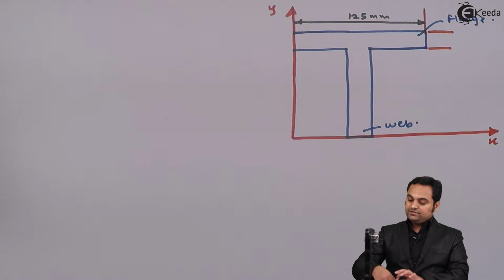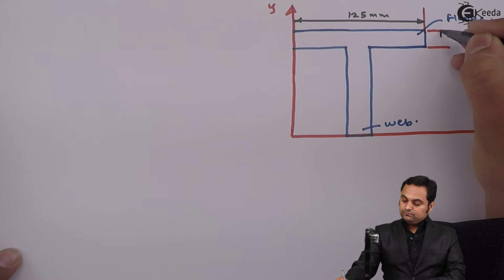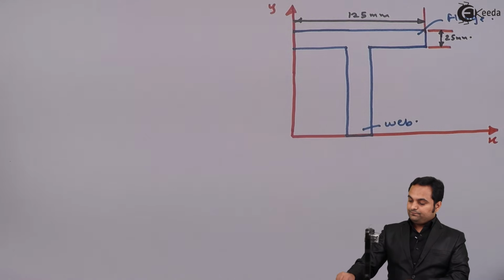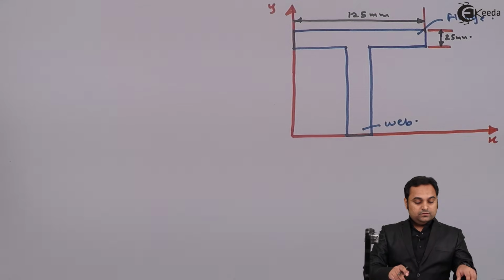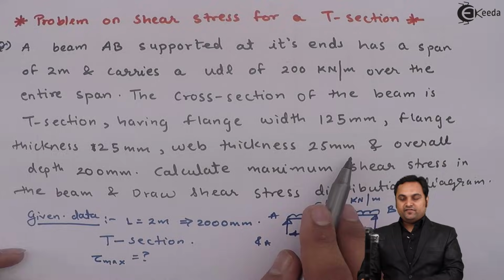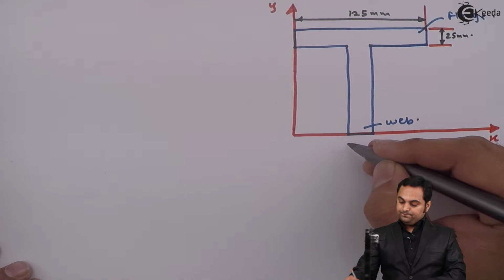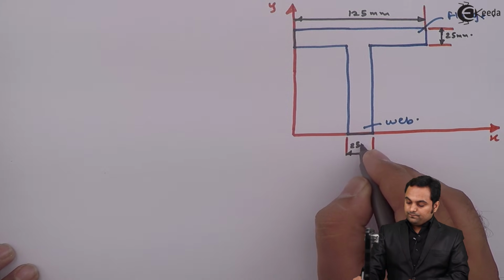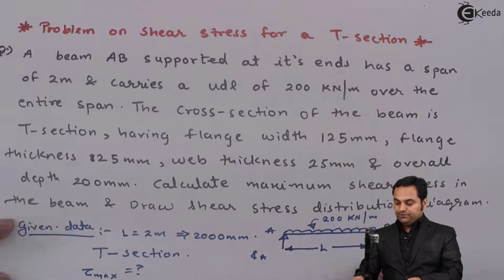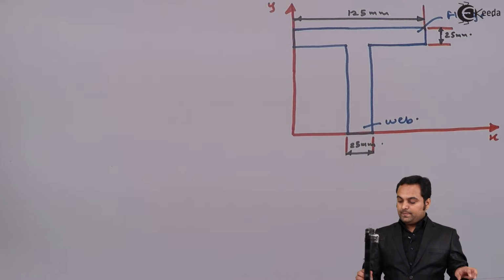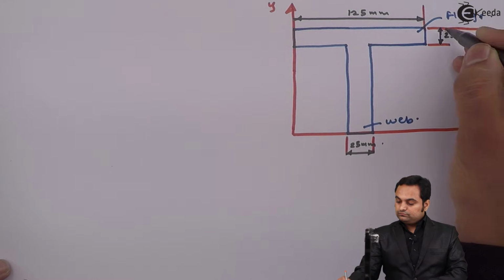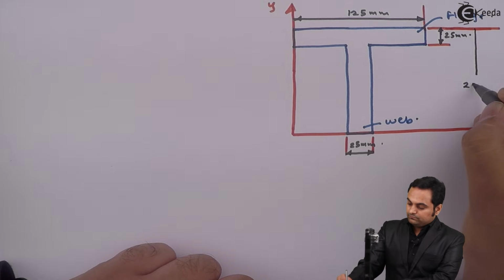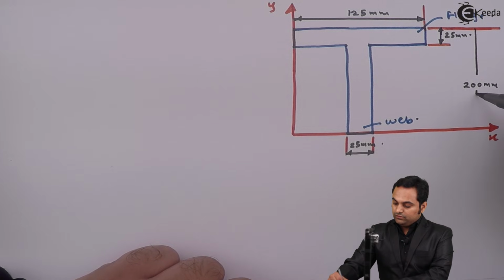This is the flange thickness, 25 mm. Then web thickness is 25 mm. And overall depth is 200 mm. So this is the overall depth, 200 mm.